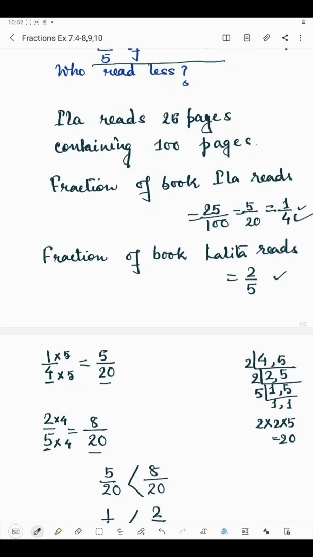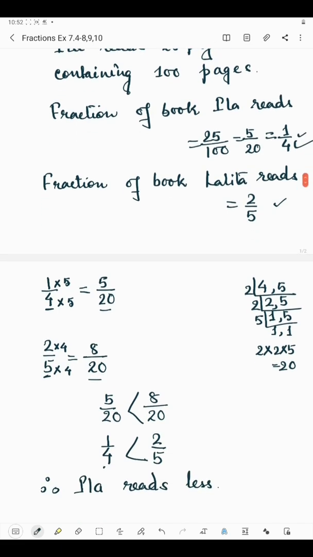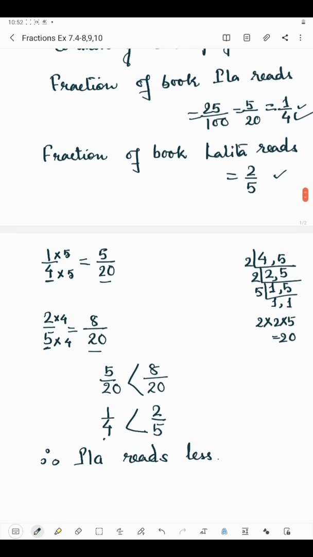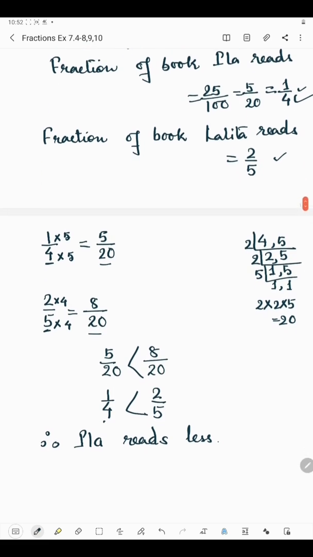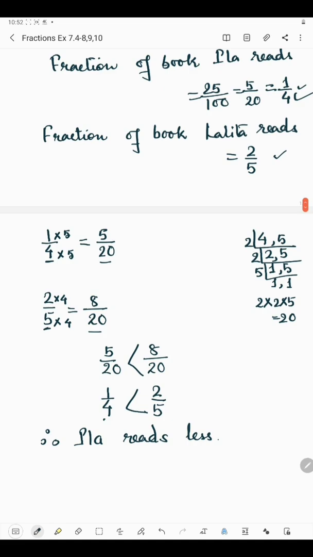After writing the fraction of the book each reads, we make the denominator same to compare the two fractions to find who read less. After comparing, we got that 1 by 4 is less than 2 by 5, and 1 by 4 is the fraction of the book Ela reads. So we can easily say that Ela reads less.